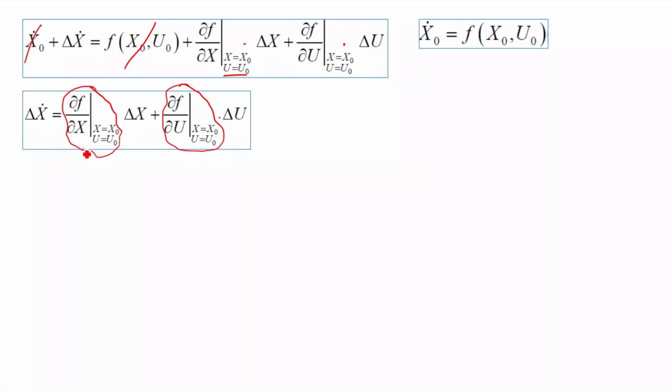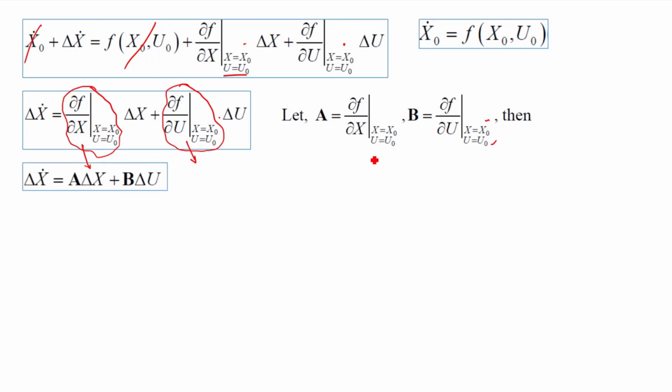Now these are matrices, and they are all constants because they are evaluated at the initial values, right? Therefore, let us assume A equal to delta f by delta x evaluated at x0 and u0, and B equal to delta f by delta u evaluated at x0 and u0.